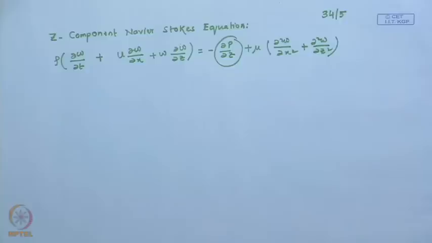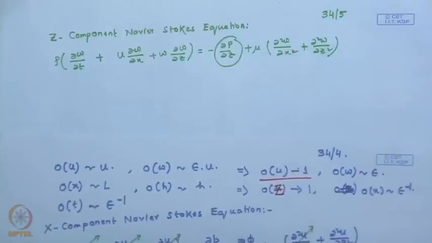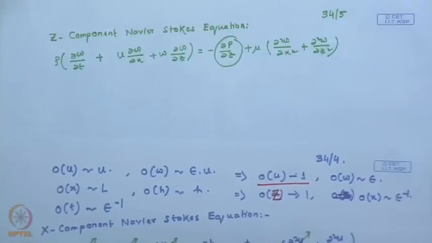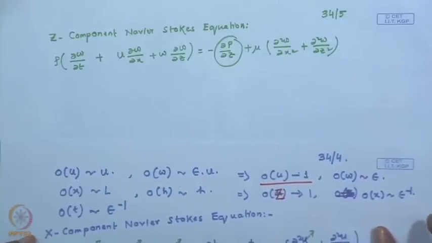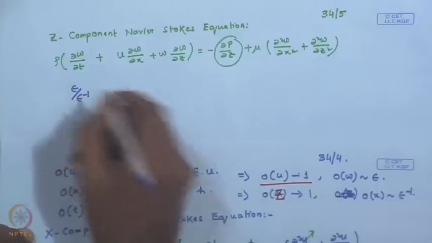Now, if you plug in the respective orders, what you will find here is that this first term w, let us have these orders here. So, order of w is epsilon divided by epsilon inverse.